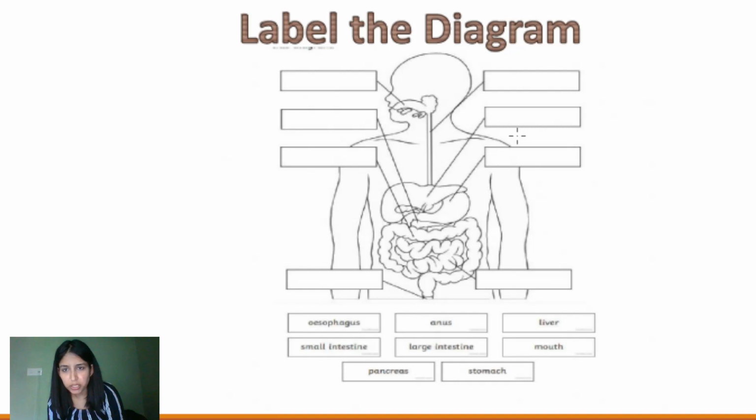This is the stomach. Then this is the small intestine here in the middle, and on the outer side, coiled around the small intestine, is the large intestine. Then we have the anus part of the digestive system. So I hope this whole diagram is clear to you now.